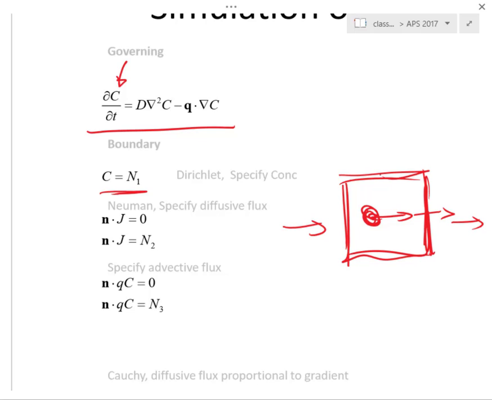That's called an outflow boundary, and when you go to set up your models in COMSOL, that's what COMSOL calls it. But what it's doing is specifying the diffusion flux is equal to 0. It'll be important to have that. If you have flow that's carrying mass and it tries to get out, and you don't have a boundary condition that lets it get out, then the model will have problems.